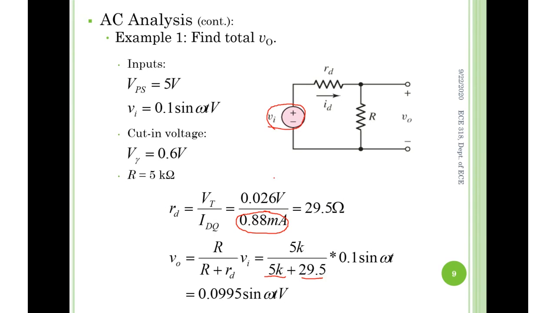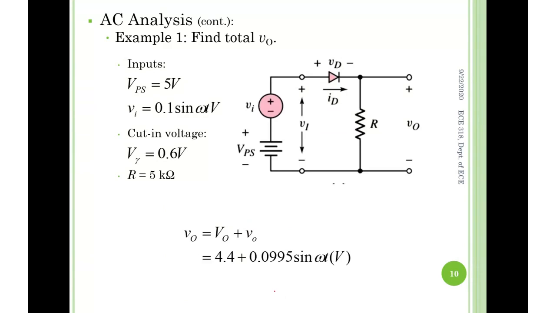It's very close to 0.1 sine omega t. This is the AC. The total result is the sum of the two, as we have discussed. I think Kevin just had a little bit of a rounding issue, and other than that, he's fine.